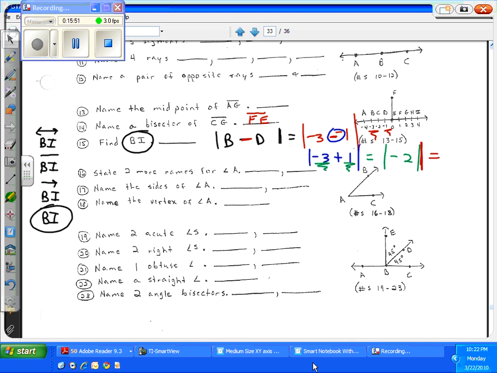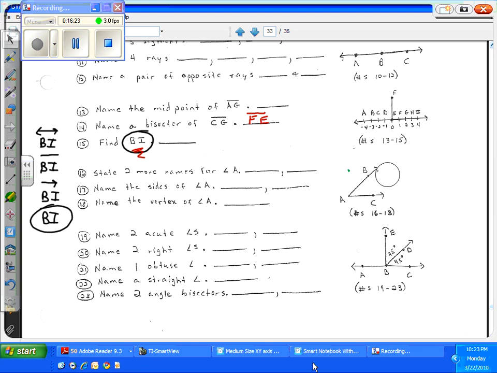Absolute value represents distance from 0, and the distance that -2 is from 0 is 2. And so we would say that BI, and I obviously grabbed the wrong number, so I guess I'll back up. I said BD instead of BI, and then I really made a lot of mess out of that. BD would have been 2, but it didn't ask for BD, it asked for BI, so let me start over.